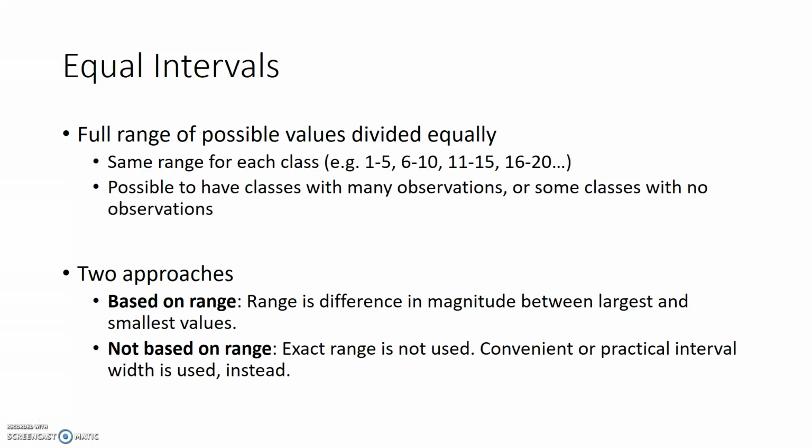Or you could not base it on range. So the exact range isn't used. You may have a convenient or practical interval or width that's used. So you may know something about the data without having looked at what the highest and lowest values are, and you may use those.